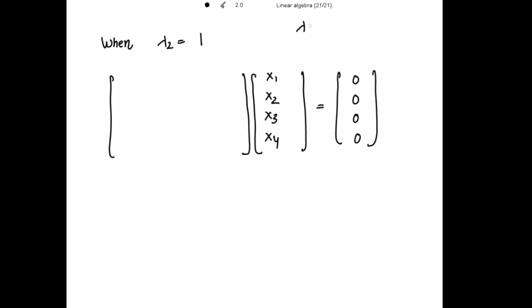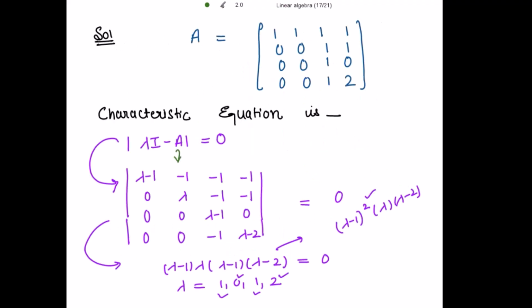Please remember, lambda I minus A into the vector x is equal to 0. This is the format to get the eigenvector and also to get the basis for the eigenspace. Now we have to put lambda 2 equal to 1 in this. We have already calculated this. So we just need to put here the second eigenvalue that is equal to 1.